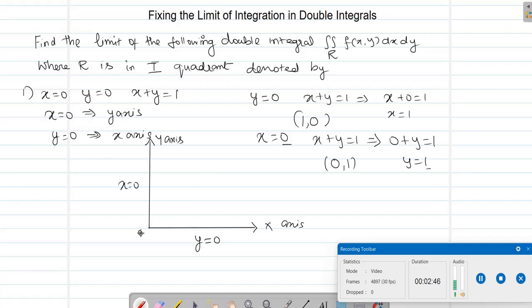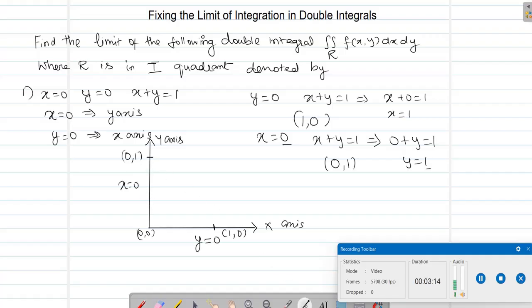This is the origin which is given by the point 0 comma 0. At 1 unit distance, let me mark this point called 1 comma 0. X is 1 unit, y is 0 units. At the same distance, let us mark this point over here, which is given by 0 comma 1. That is, x is 0 and in the y-axis we have 1 unit.